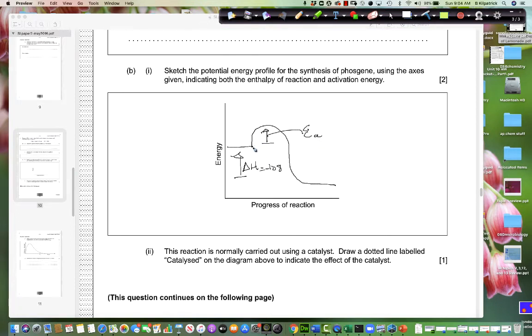It's going to change your activation energy because essentially it gives it a different mechanism, which requires less energy to start. Now, nothing else will change. So the delta H always stays the same. What does end up changing is your minimum amount of energy. The activation energy should decrease. And then that one was just a simple mark.